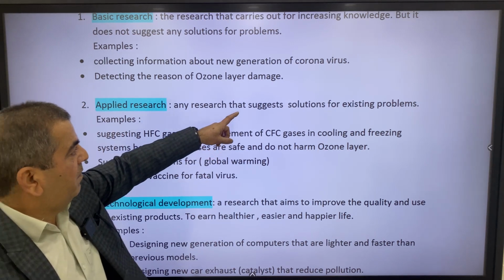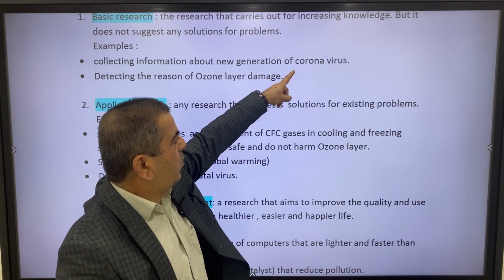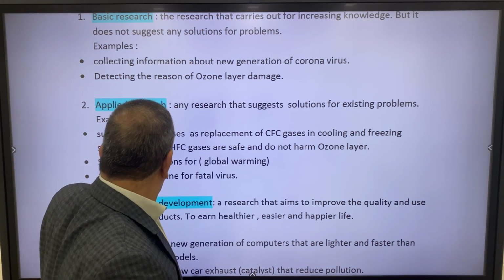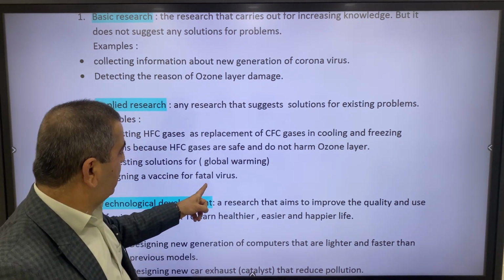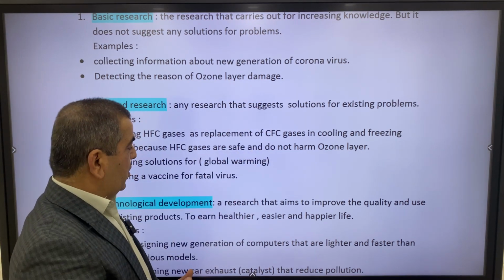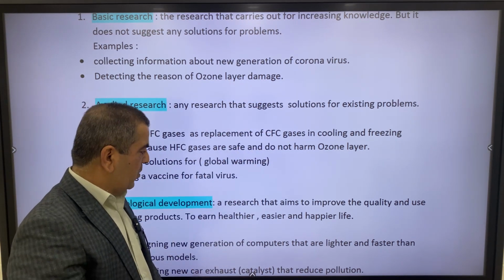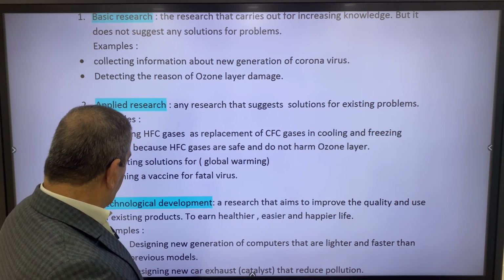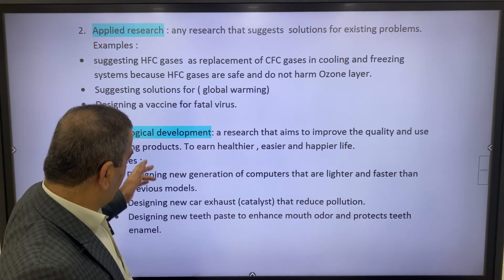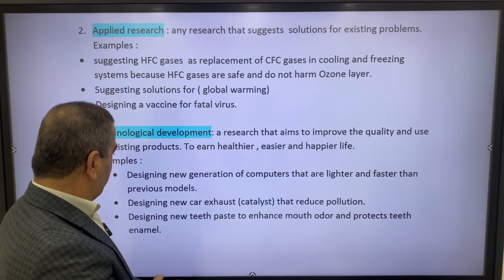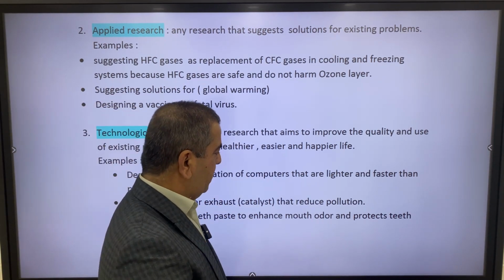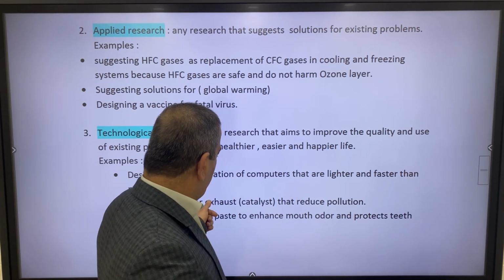You see here we have the problem. It's only collecting information in basic research, but here it's designing a vaccine for a fatal virus, such as the HIV virus or coronavirus or any other virus. For technological developments, you can also use any of these or any other examples. For example, designing a new car exhaust or catalyst that reduces pollution, and so on.